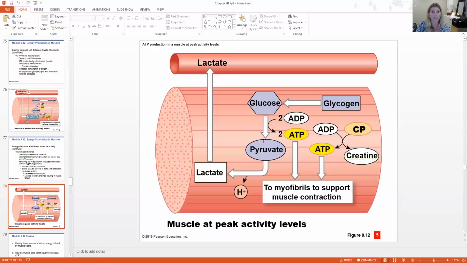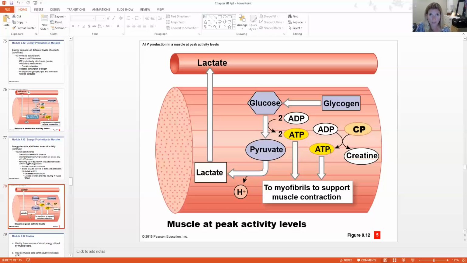So here's what we've got at high activity levels. Notice nothing's coming in. Our muscle cells are saying, whoa, we're contracting a lot here. I can't handle anything else. I just got to do what I got to do. I'm contracting. Just leave me alone, right? So glycogen's breaking down to glucose, pyruvate, and notice there's no citric acid cycle. There's no electron transport chain.